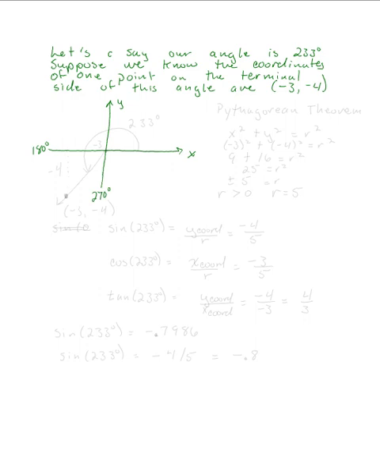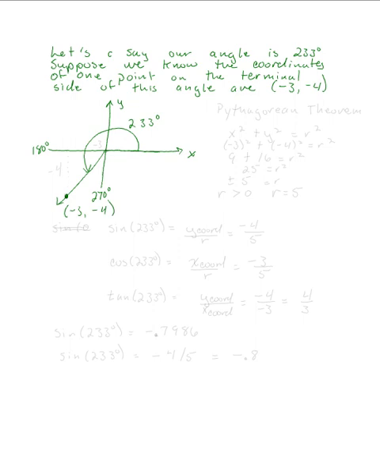So we're looking at 233 degrees, so it would be somewhere here. So here's my initial side I've drawn. Here's the angle theta of 233 degrees. And I've been told that the approximate coordinates of a point on this side are -3 and -4.